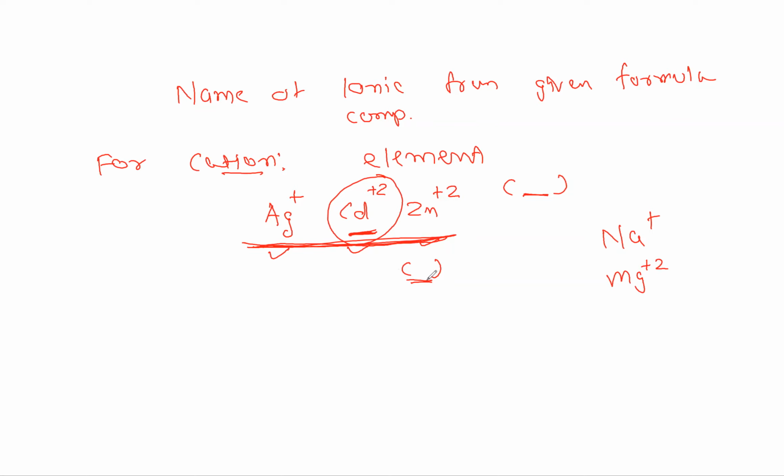All right. For anion, we did talk about monoatomic anion, right? When only one element is present as an anion, that is called monoatomic. And to name that anion, you are always going to use the suffix IDE. But we haven't been able to touch the polyatomic anion, so I'm briefly going to talk about that.